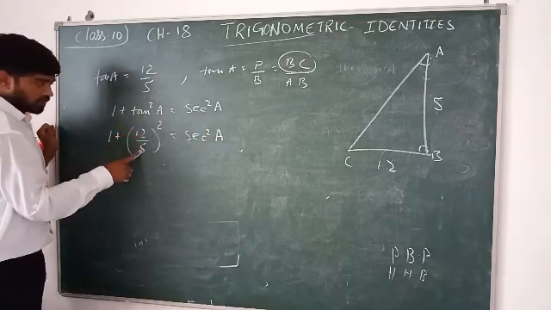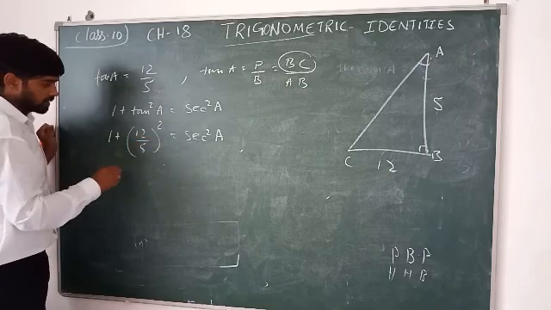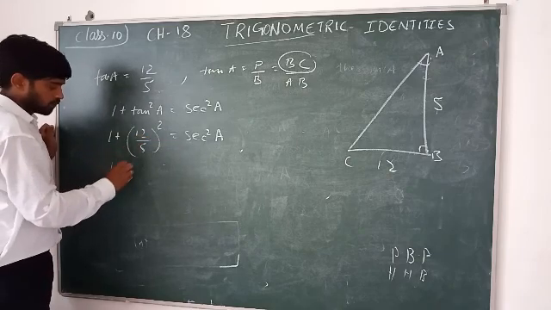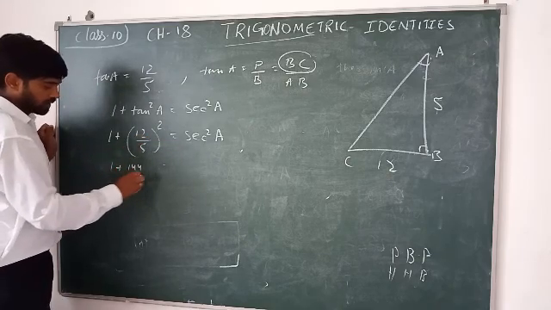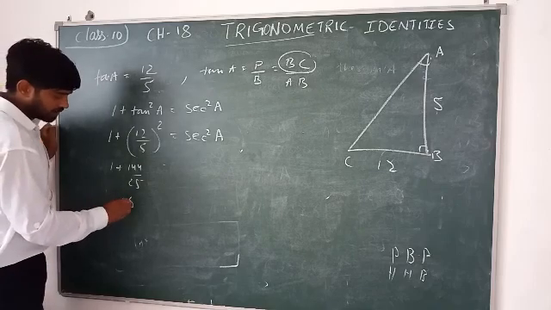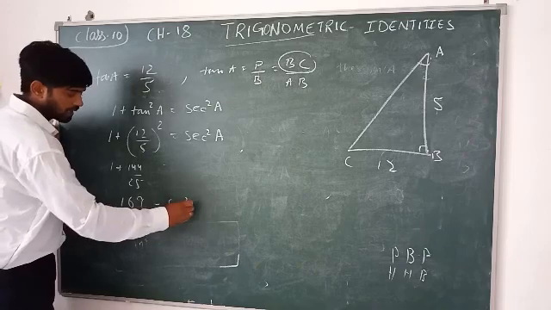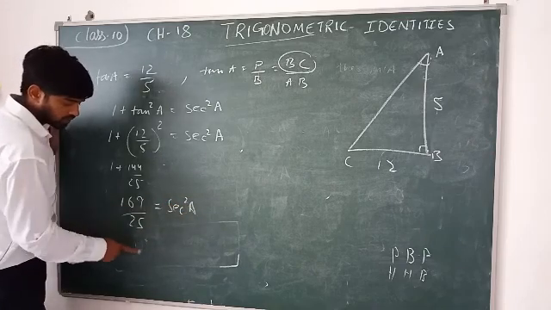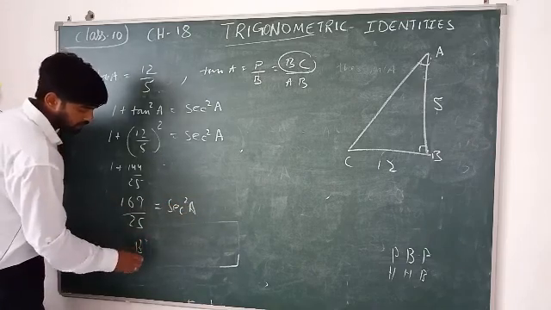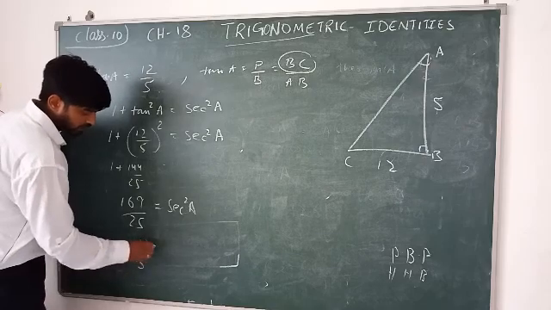In place of tan I wrote 12 upon 5, and the square was there, so I wrote the square there. So 1 plus 144 over 25. I'll find the LCM and I'll get 169 over 25 equals sec square A. And then the square is going to shift over here and become a square root. So this is going to become 13 upon 5, sec A.